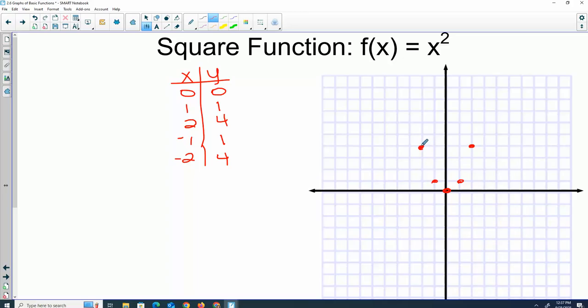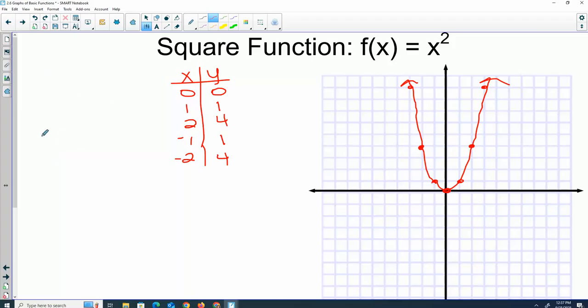And you could certainly do more points if you wanted. 3 squared is 9. Negative 3 squared is 9. As a general rule, I usually tell everyone a minimum of 3 exact points. And then from there, if you know what your graph looks like, you can finish it off. But if you're not sure, always just put in more points until you get it.